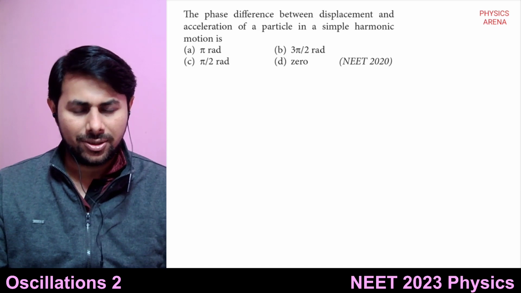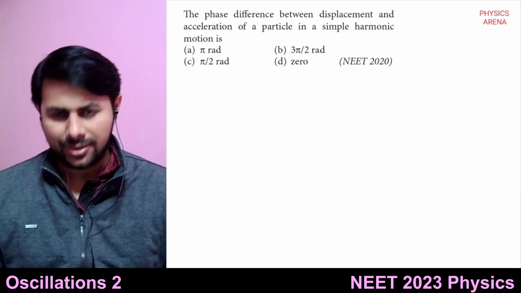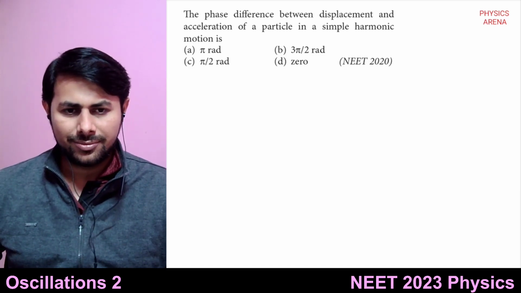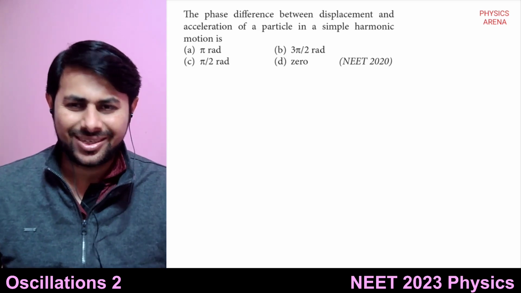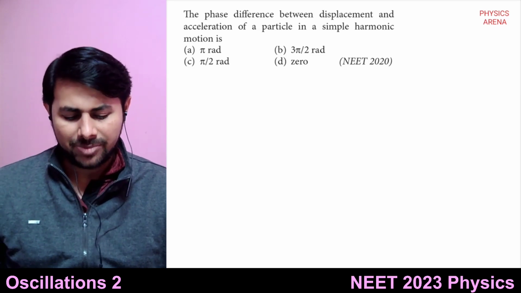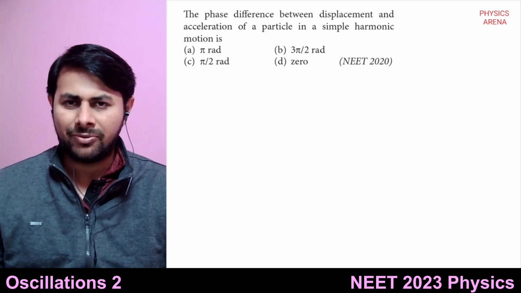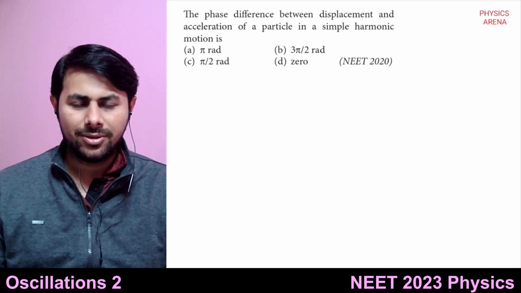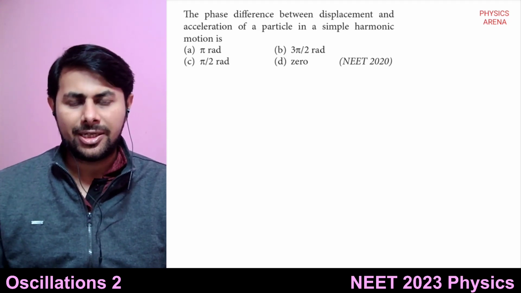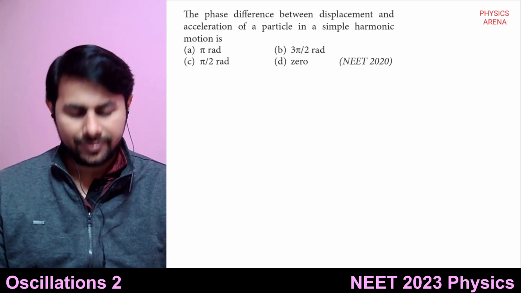Okay, Preeti told, is it correct? We just saw this, right? Phase difference between displacement and velocity is pi by 2. Velocity and acceleration is pi by 2. So displacement and acceleration, it is pi.